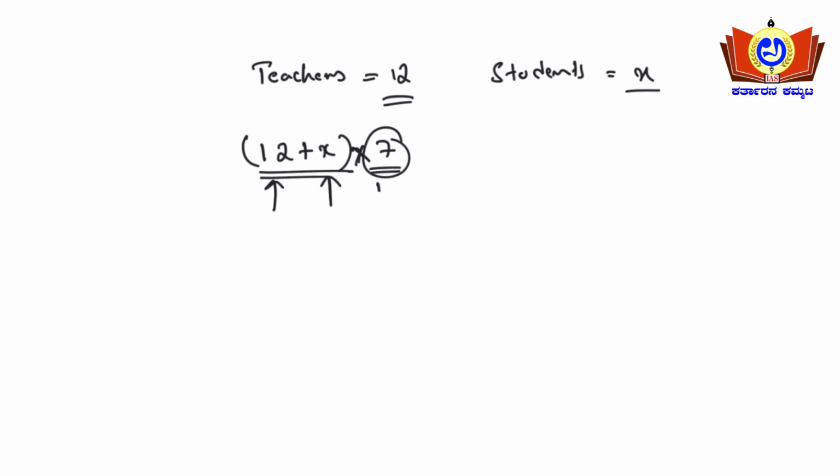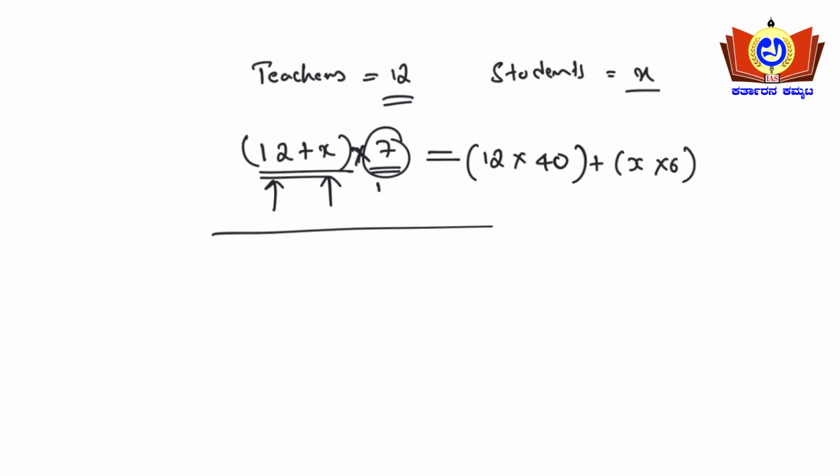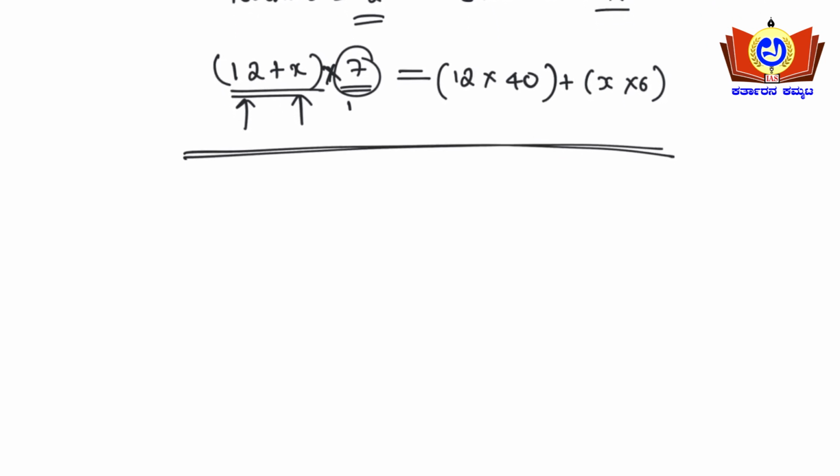So this shall be equated to 12 teachers and their average 40 years, plus students, we don't know, X, and their average is 6. When you correctly write this equation, then only the solution will be easy for you.